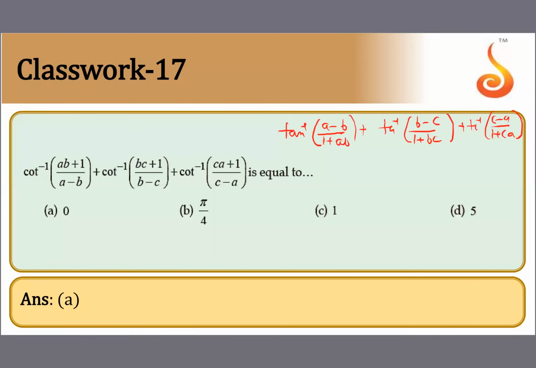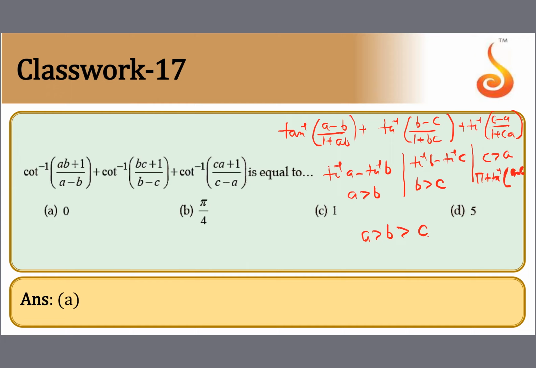What we observe, we can write tan inverse a minus tan inverse b whenever a is greater than b, and tan inverse b minus tan inverse c whenever b is greater than c. So a is greater than b, b is greater than c, so a must be greater than c. Now here it is c is greater than a. So what we do, we write pi plus tan inverse (a minus c) by (1 plus ac). So when you open the bracket, you must get the answer pi.